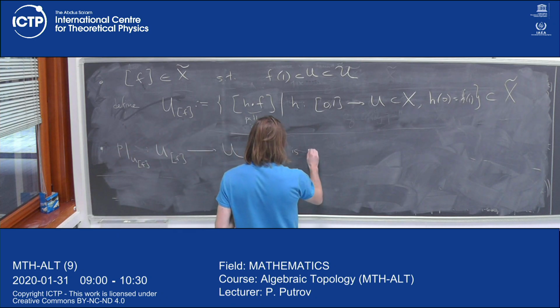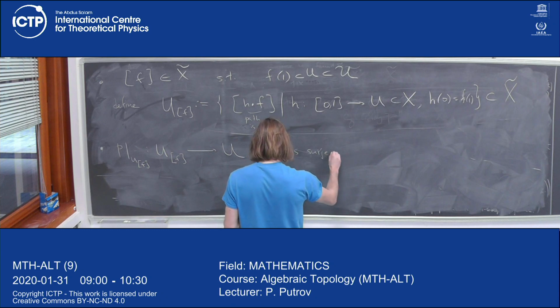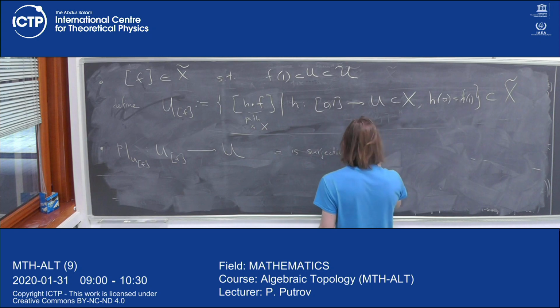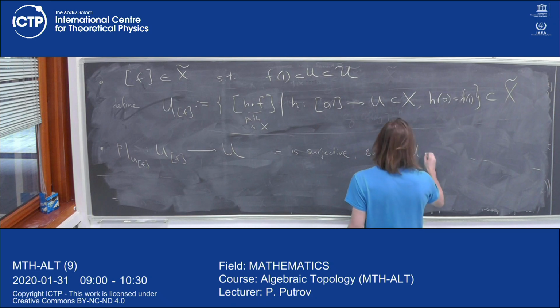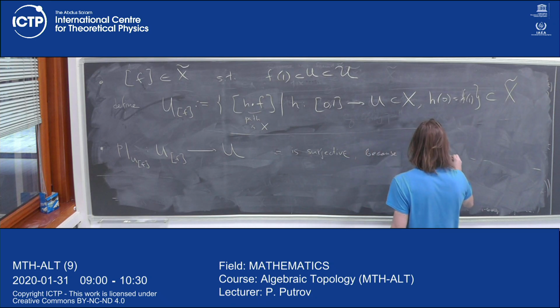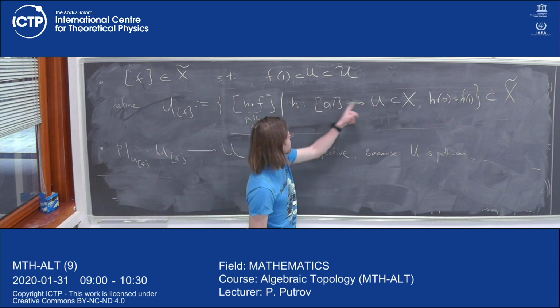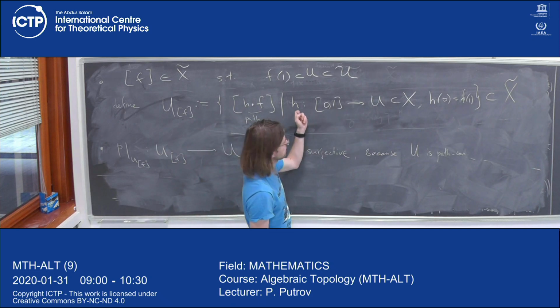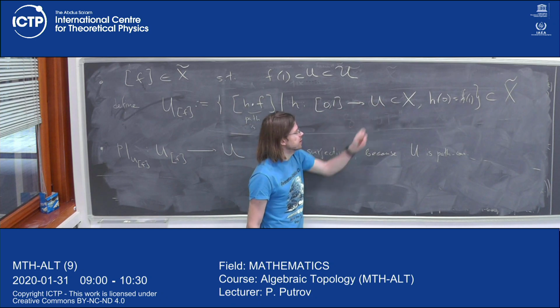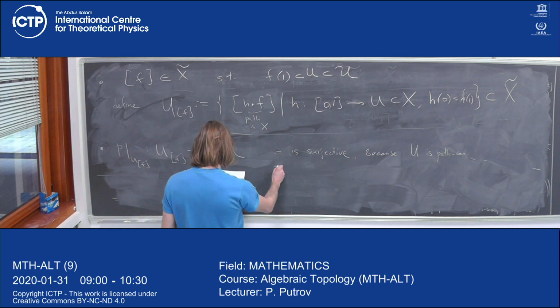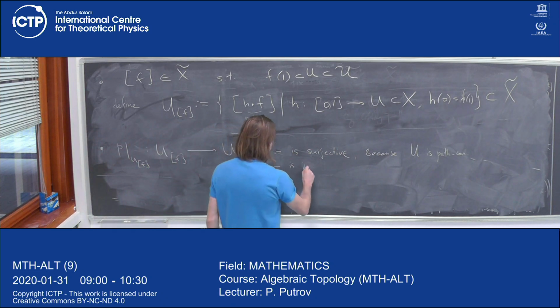And first we want to show that it's surjective. And this is indeed the case because U is path connected, so for any point here there exists a path H which ends at this point. And it's also injective.